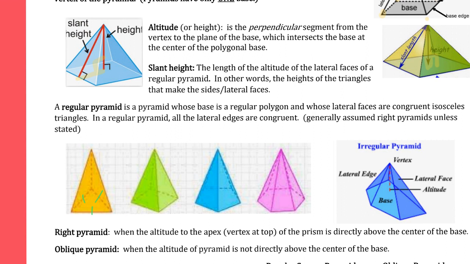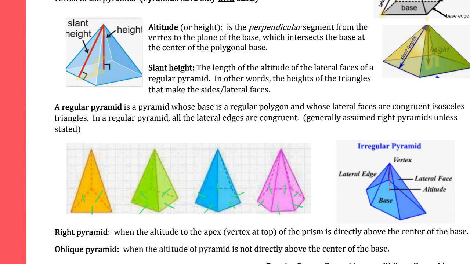A regular square pyramid would have all four sides at the bottom congruent and then up to a point. This is a pentagon. A regular pentagon has all five sides congruent. A hexagon has all six sides congruent if it's regular. And they shouldn't be slanted. A regular one means the base sides are the same and it goes up at a right angle, as compared to an irregular one, where the base doesn't have congruent sides.